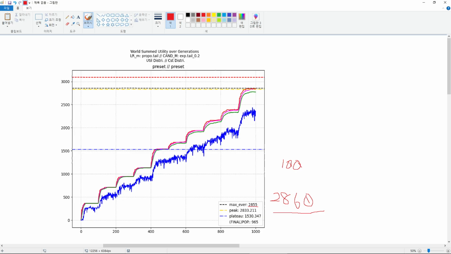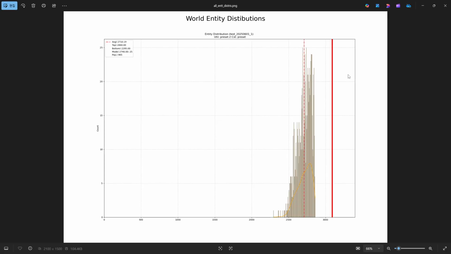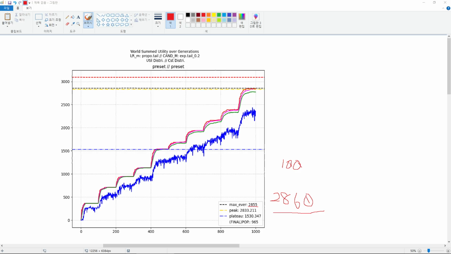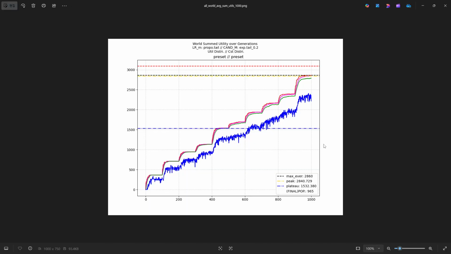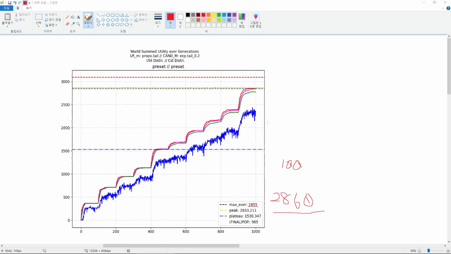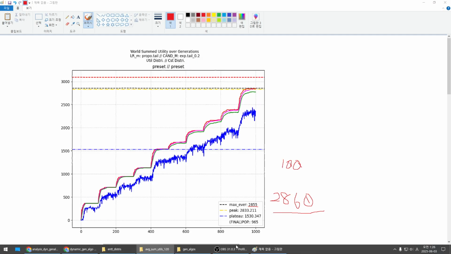So the next time I ran it, it was this one. I'll show you the distribution again. Very similar. Next time I ran it, this is what I got. Now it was 2860.